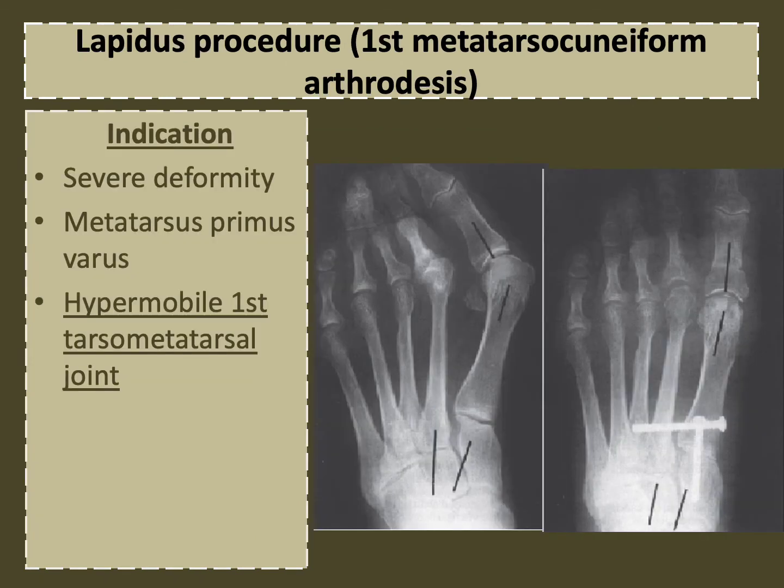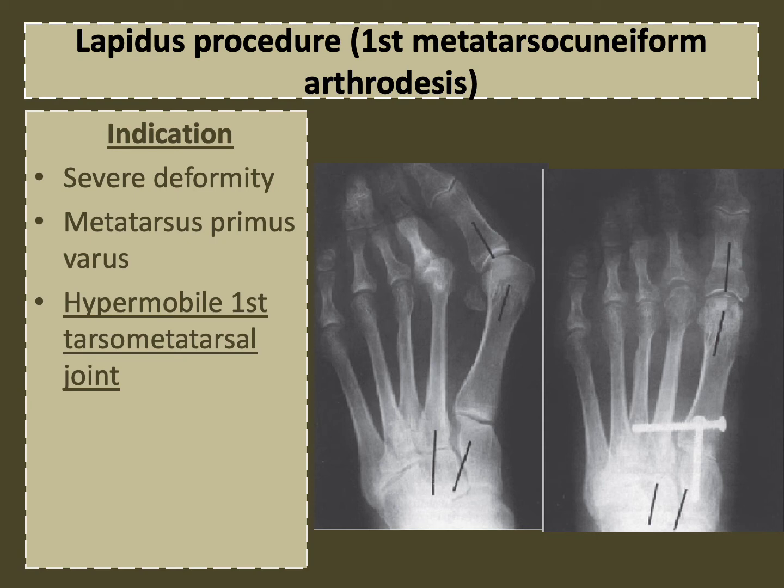The Lapidus procedure, which is a first tarsometatarsal joint arthrodesis, is really done for, again, severe deformity. It's done for hypermobility of the first tarsometatarsal joint, or it can be done just for moderate to severe bunions as well.